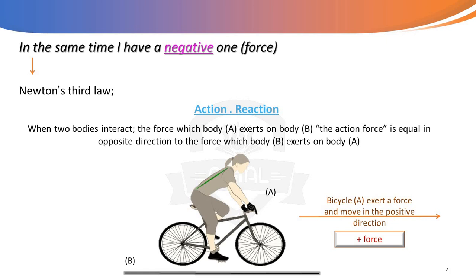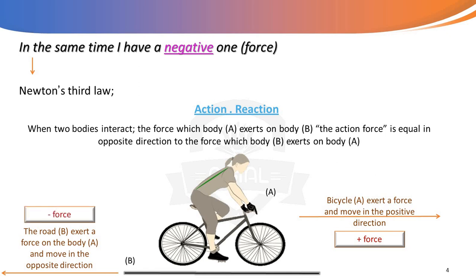At the same time, the road exerts a force on body A. Again, the road, which is body B, exerts a force on body A, which is the bicycle, and moves in the opposite direction. So it will be a negative force.